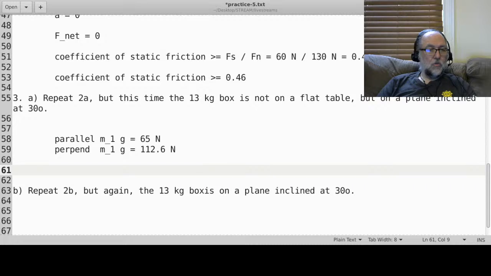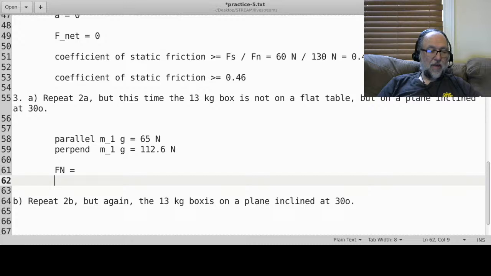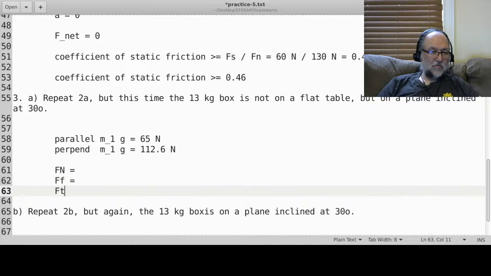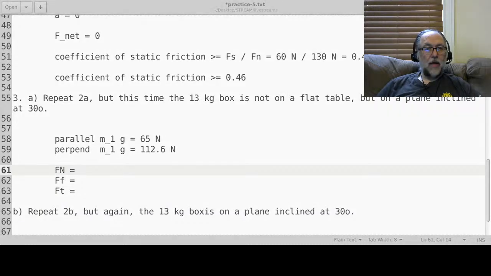So there are the two pieces of gravity. There was the normal force, and we don't know the value yet. There was the force of friction, we don't know the value yet, and then there's the force of tension. We don't know the value yet. Okay, so there we go.